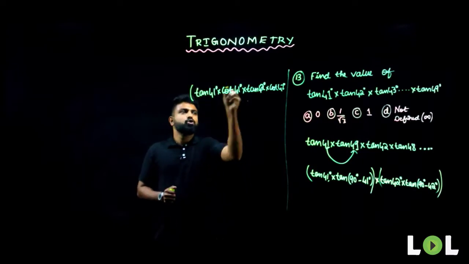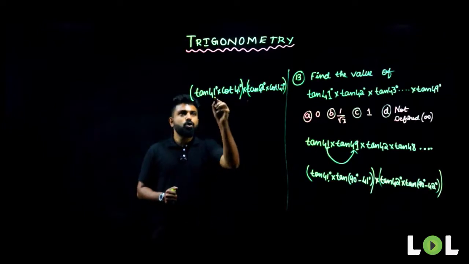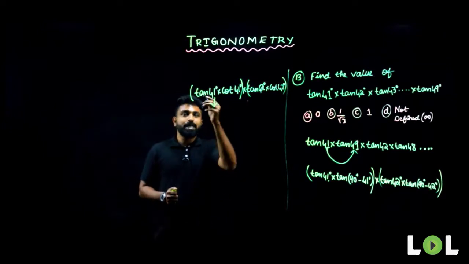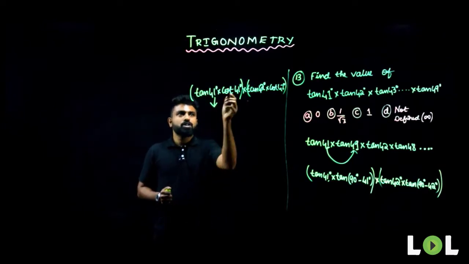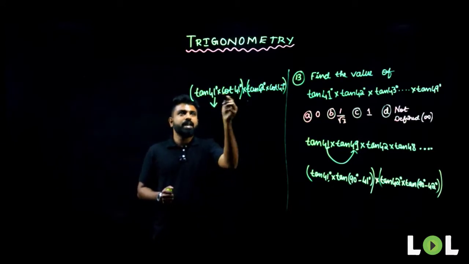So, these two are one pair here and these two are one pair. What is the value of this pair here? We know that tan into cot is nothing but 1, because cot can be written as 1 by tan. Tan and tan get cancelled because they are the same degrees, 41 degrees.